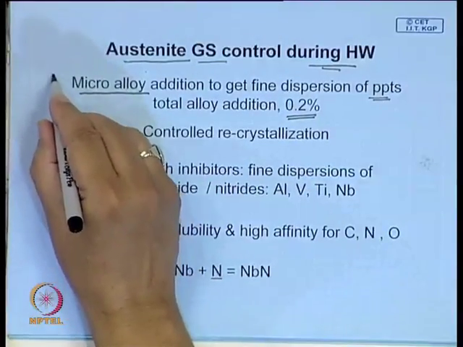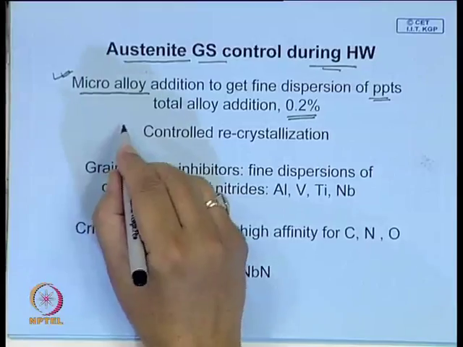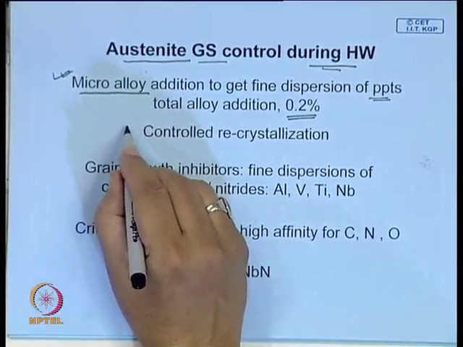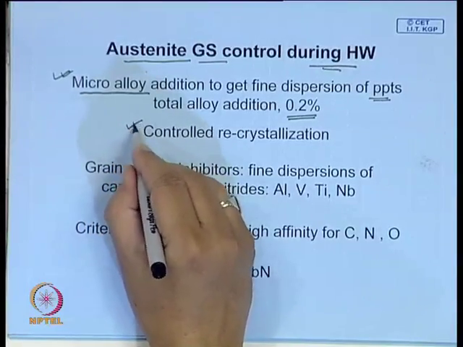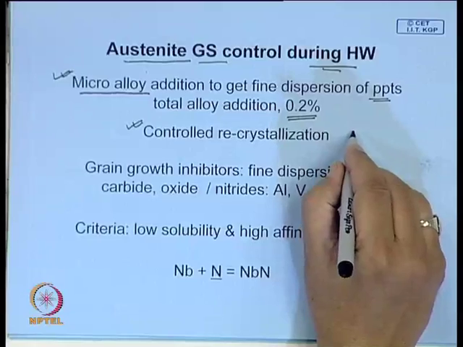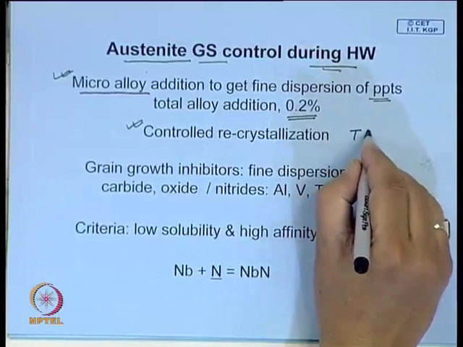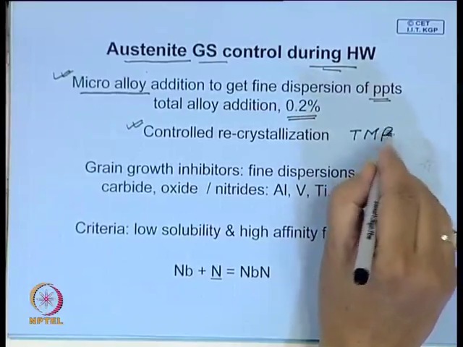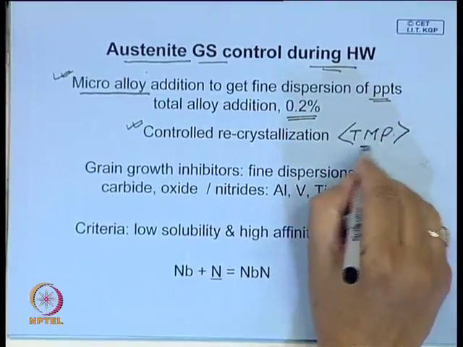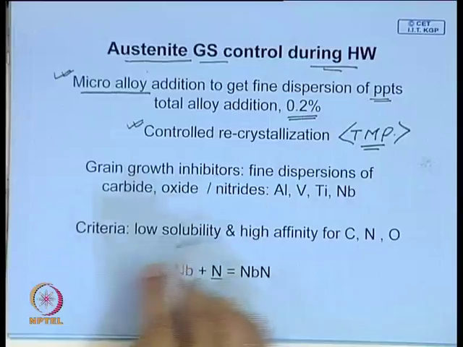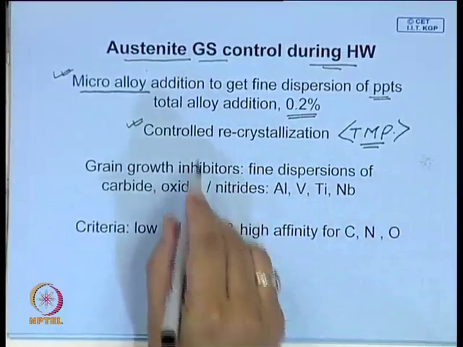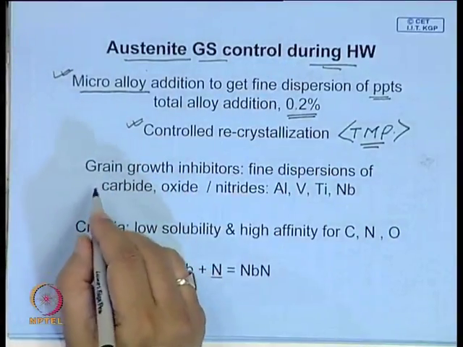So, this is one important method. Second is you control the recrystallization, that means thermomechanical processing, you control it in such a manner that you are able to control the recrystallization of austenite during hot working.